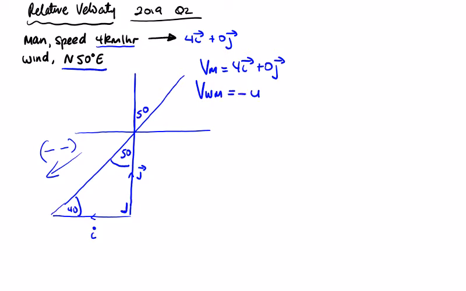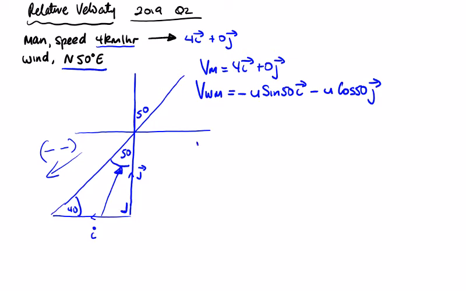In the i direction, i is opposite 50, so minus u sine 50 times i. We could use cos 40, which is the same as sine 50. In the j direction, j is adjacent to 50, so minus u cos 50 times j.